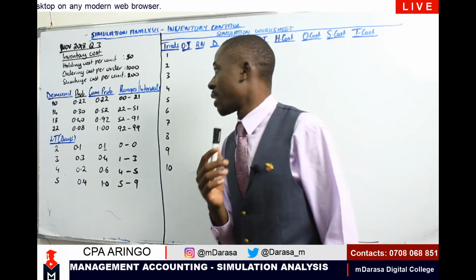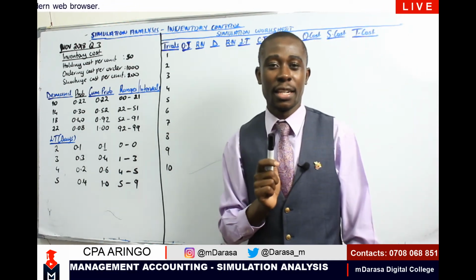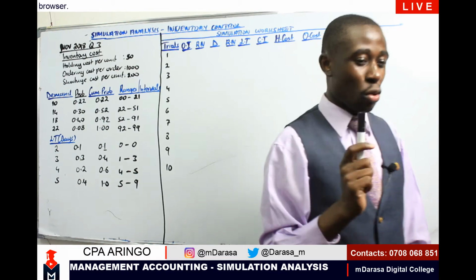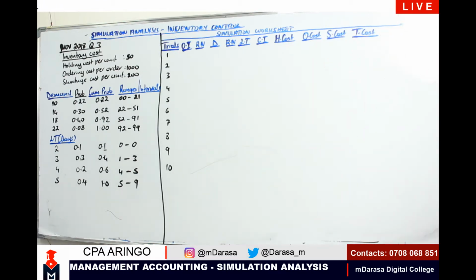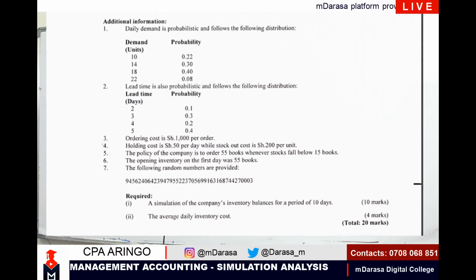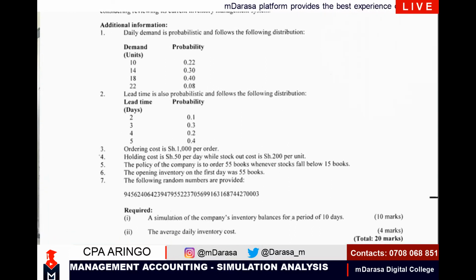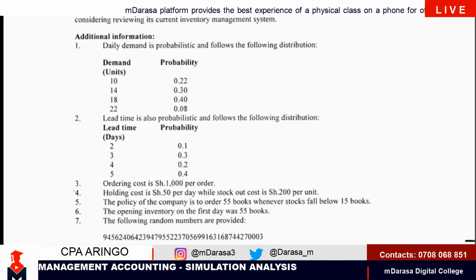Because the next thing that we are going to do is to identify the opening inventory given. How many units are we given as our opening inventory in our question? Look at note number 6, my good students. In note 6, we are told the opening inventory of the first day was 55 units.